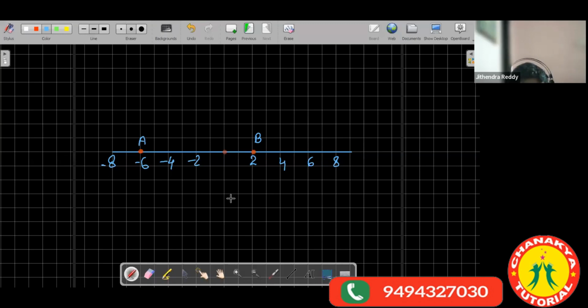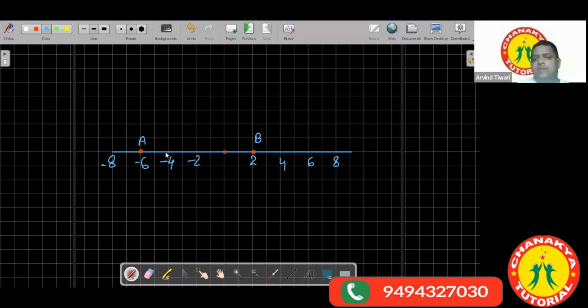See, what we have taken here, 1 unit would be equal to 1 centimeter, or this one box would be equal to 1 centimeter, right? So if I start from A and move like this, at 1 centimeter, 2, 3, 4, 5, 6, 7, and 8.